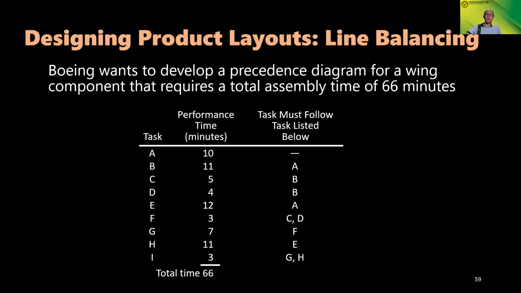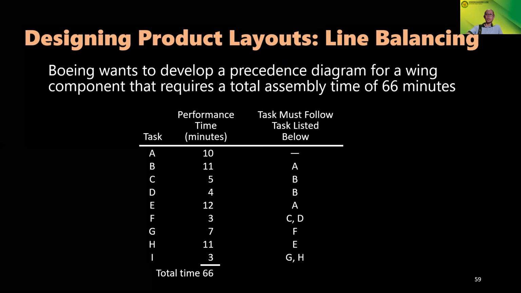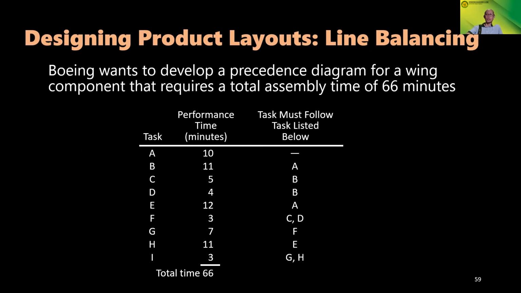Suppose that Boeing wants to develop a precedence diagram for a wing component that require a total assembly time of 66 minutes. The tasks, corresponding task time and the task relationship are listed below.